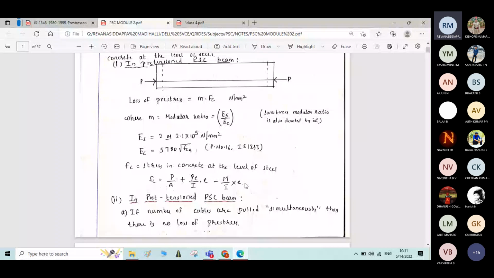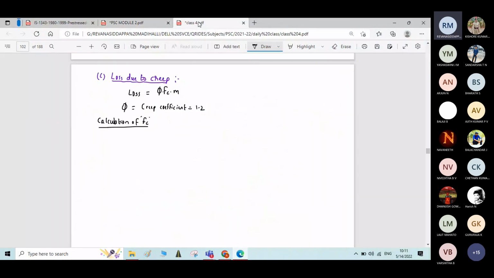Okay, let me copy this formula. FC is equal to P by A plus P E by I into E minus M by I into E. This is the formula. Okay.